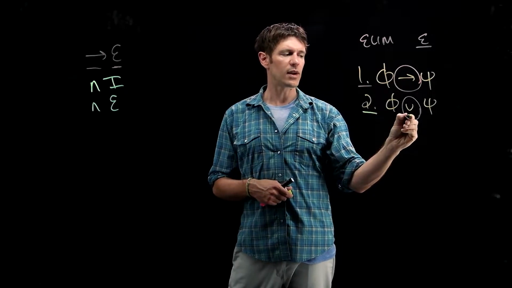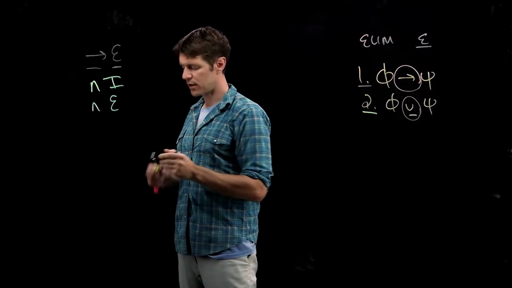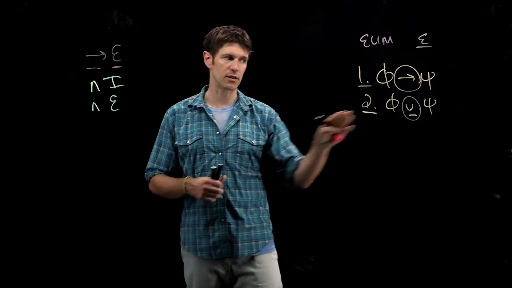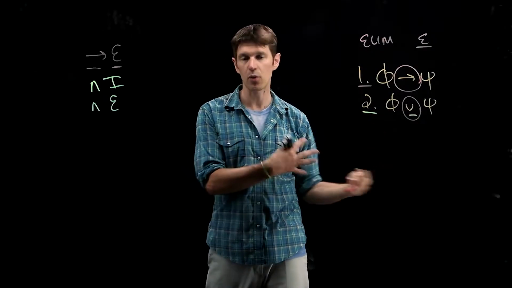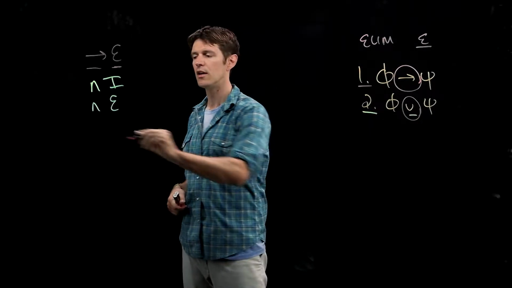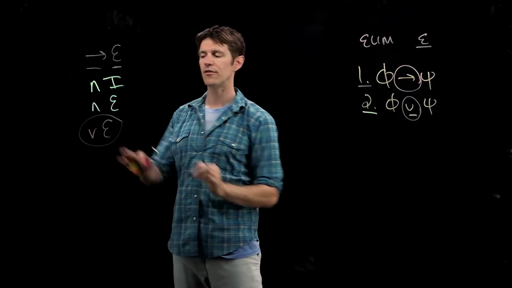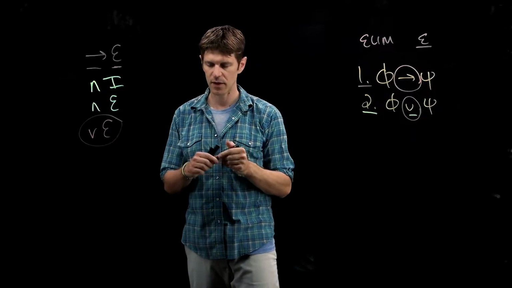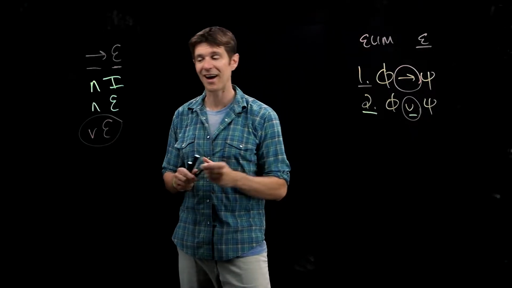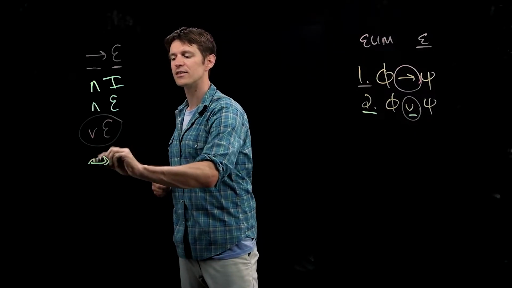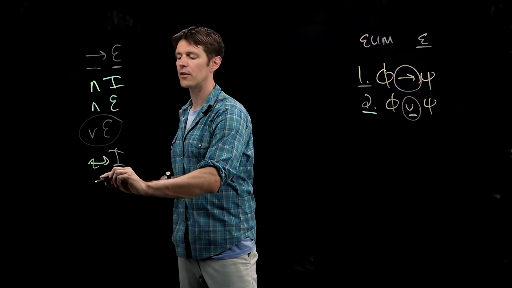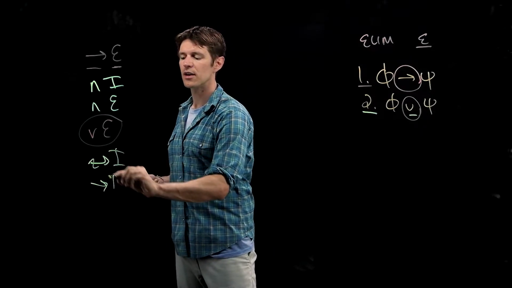In line 2 here, we have a disjunction, and so we would focus our attention on an elimination rule, or some equivalent form of elimination rule, that makes use of disjunction. So we would focus on disjunction elimination. We would not look at rules that involve, let's say, biconditionals or conditional introduction.